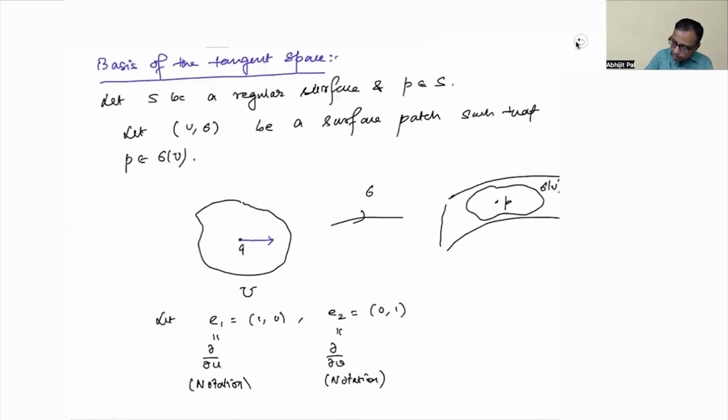Okay, if I come back to this picture, suppose this is my alpha 1. This is just a straight line passing through q whose velocity vector is (1, 0), this unit vector, and if I map it to the surface with the help of the map sigma, we'll get a curve.